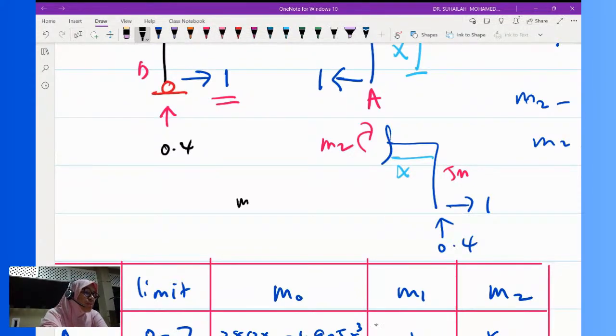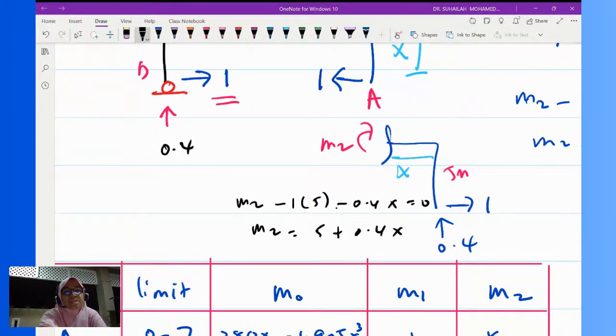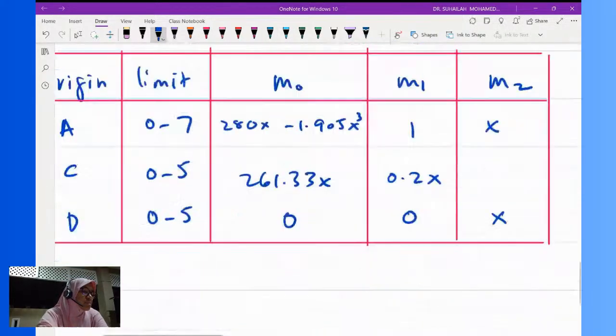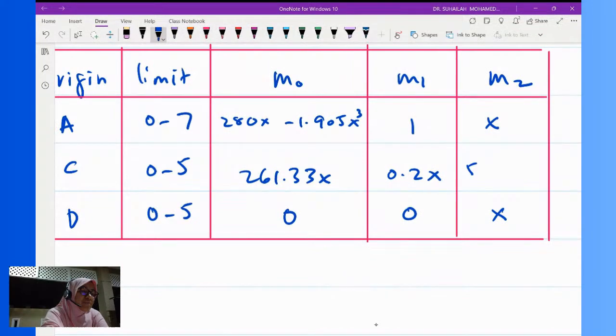So M2 minus 1 times 5 minus 0.4x, so M2 is 5 plus 0.4x.